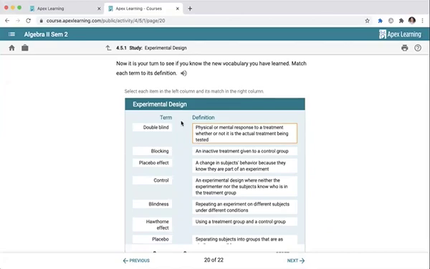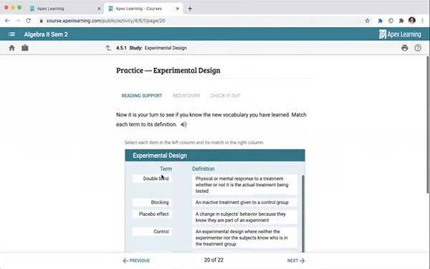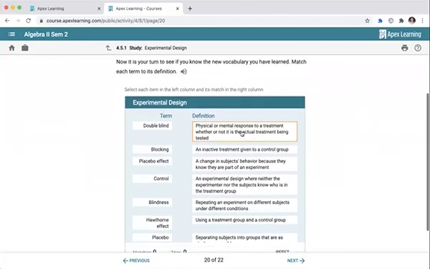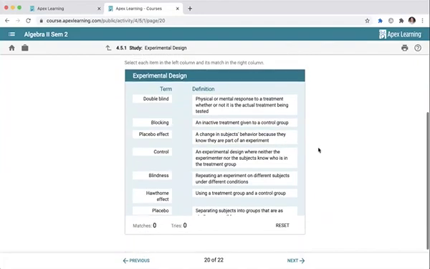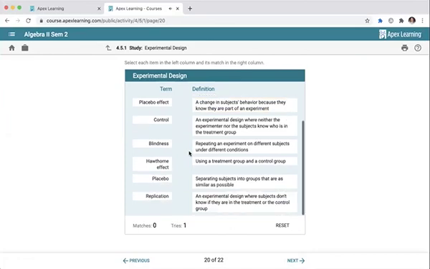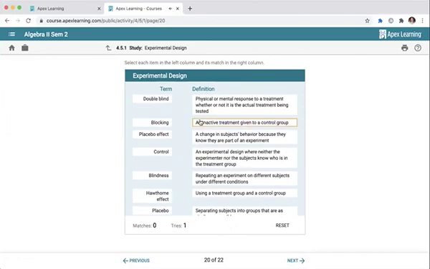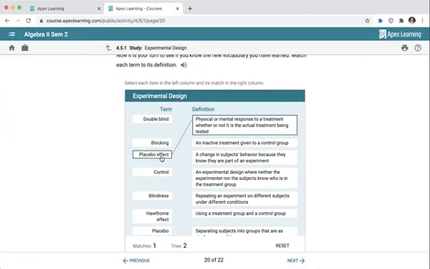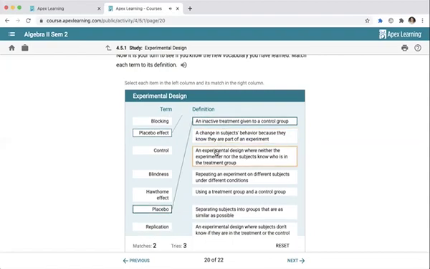And matching up our experimental designs with our term words here. A physical or mental response to a treatment, whether or not the actual treatment is being tested, is called the placebo effect. Apologies, the placebo effect, not just placebo. An inactive treatment given to a group, that would be your placebo. So not a full treatment, right?